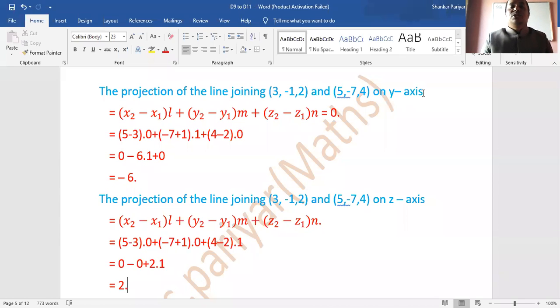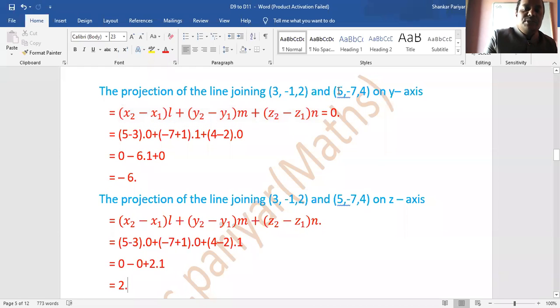Okay, thank you. So this is the projection of the line joining the points. Its formula is x2 minus x1 into L plus y2 minus y1 into M plus z2 minus z1 into N. As Unique said, L equals 0, M equals 1, N equals 0.